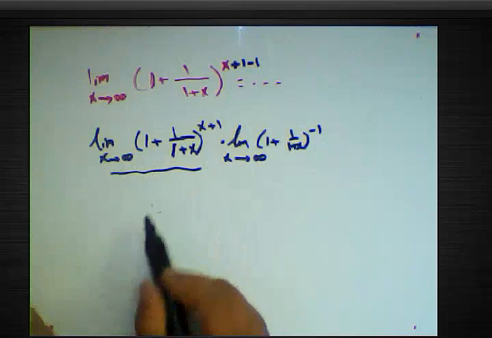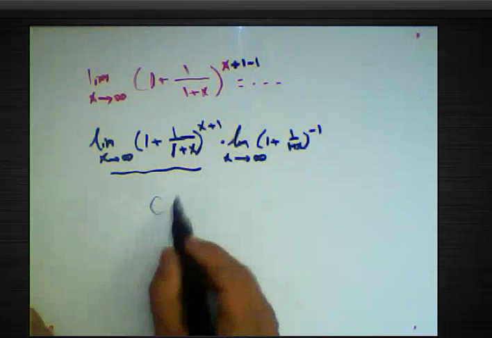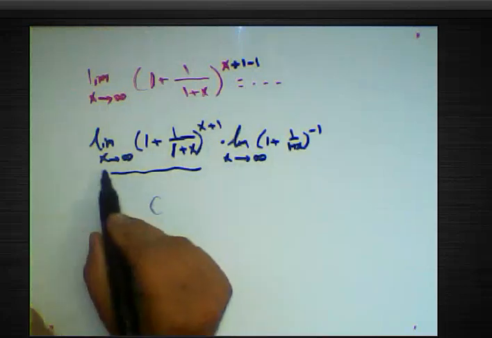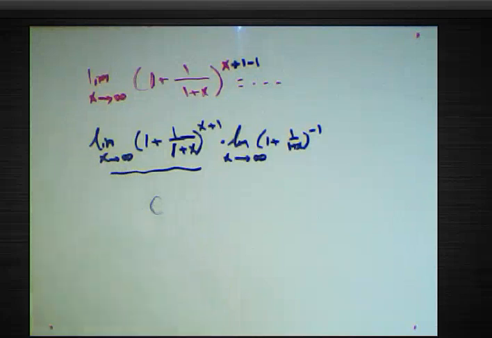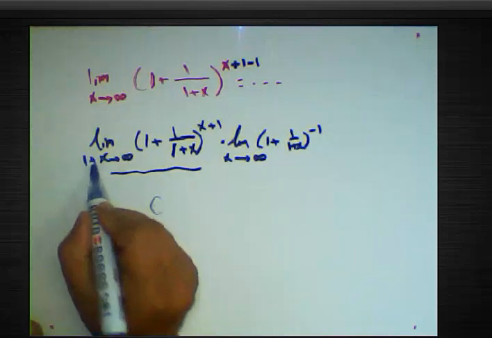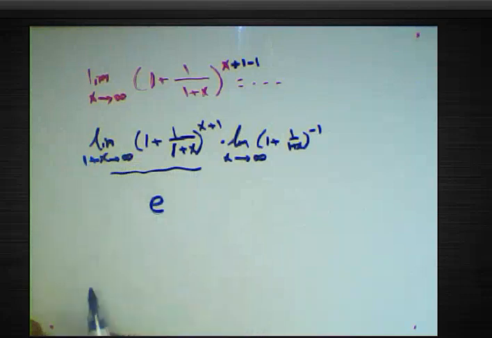Why? Because the base has 1 + x in the denominator and the power is like it, and x approaches infinity, so 1 + x approaches infinity and the result will be e.